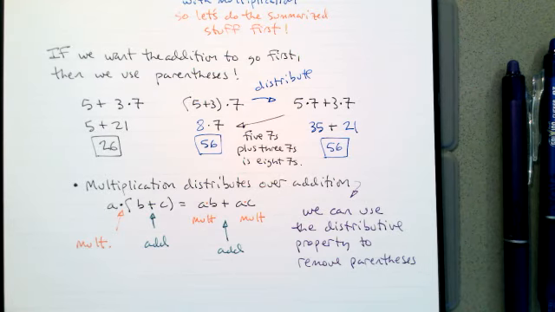So these are how we want to think about addition and multiplication combining. We want to think about multiplication distributing over addition. That's how we can remove parentheses. We also want to think that multiplication goes before addition. And we have to use parentheses if we want the addition to go before the multiplication.